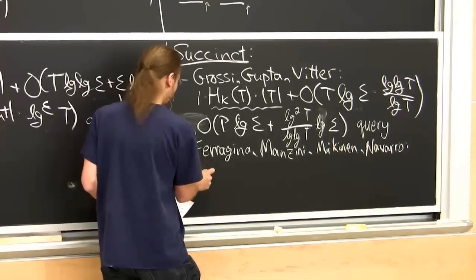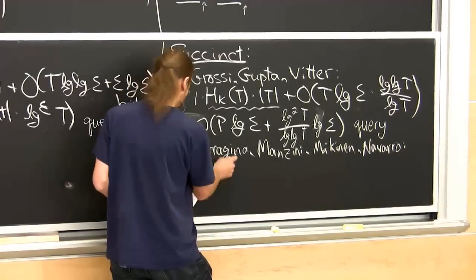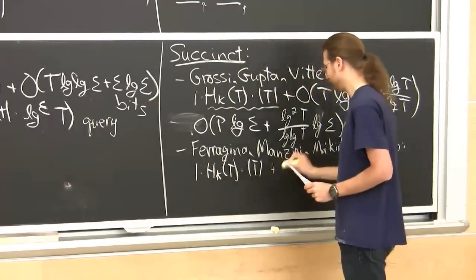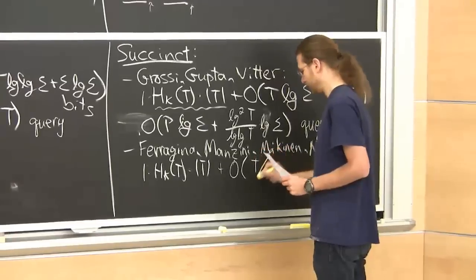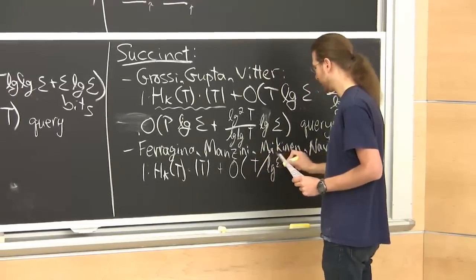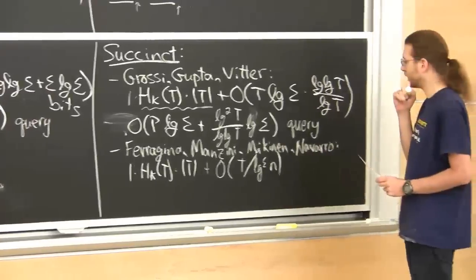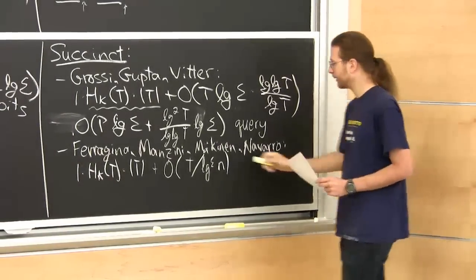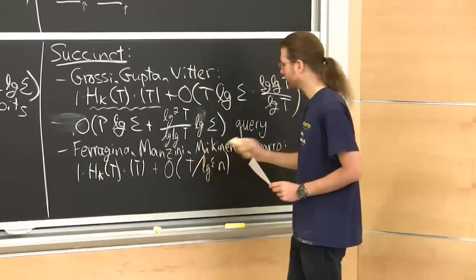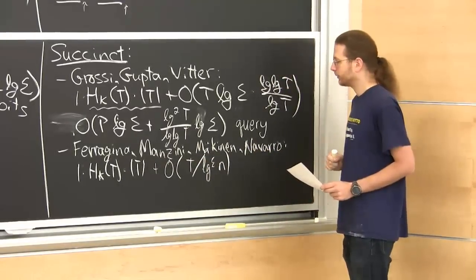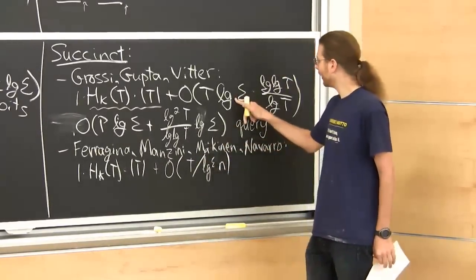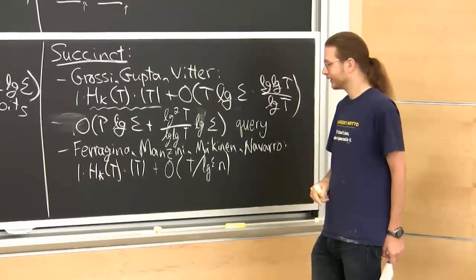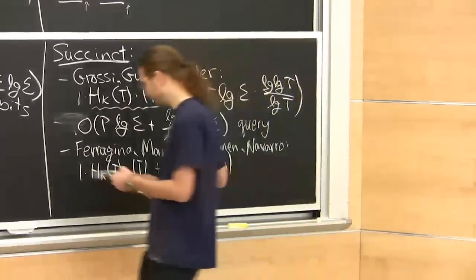They also achieve 1 times Hk(T) times T as the lead term, and they get T divided by log to the epsilon n. There's probably a log sigma here too. I'm not sure. It might just be T. Probably just T, actually. So we get rid of the log sigma, but this log over log gets slightly smaller. It's only log to the epsilon now.